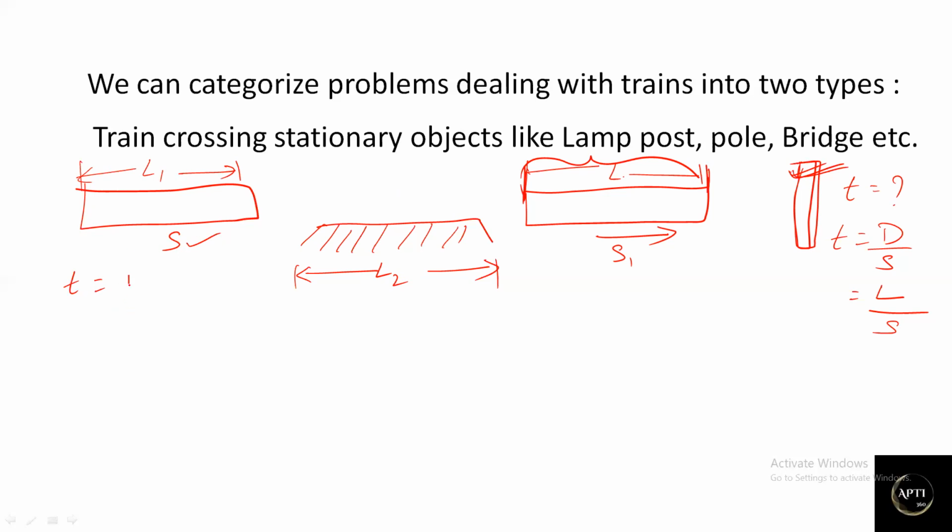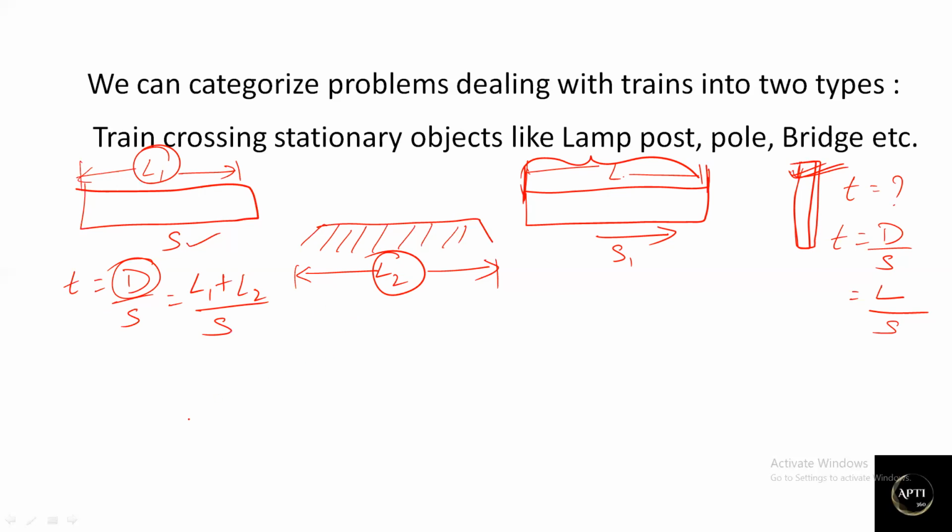Time is equal to distance by speed, and the distance is nothing but the length of the train plus the length of the bridge. Since the bridge length can't be negligible, always remember: L1 plus L2 divided by speed. Only one speed we have, so we can directly take it as the speed. This is how we can consider moving objects as well.